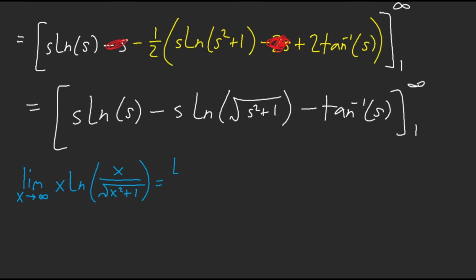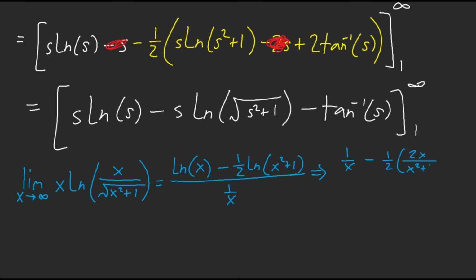So, if we use L'Hopital's rule, I'm just going to separate it like this. 1 over x. This is now 1 over x minus a half of 2x over x squared plus 1, over negative 1 over x squared. This 2 gets cancelled out. Okay, so now this is the limit as x goes to infinity.